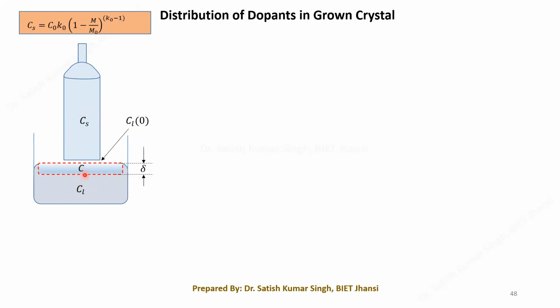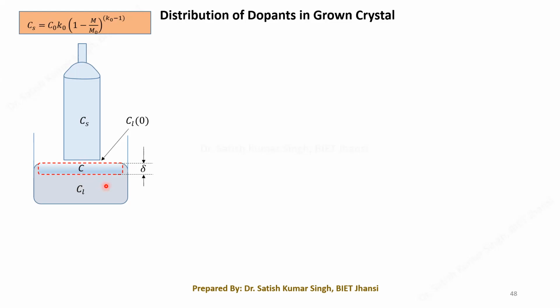Again, I can define one more variable, which is the concentration of the dopant inside the stagnant layer. I will represent it by C, or you can write it as Cx. So this is the concentration of the dopant within the stagnant layer. It has a maximum value, then progressively decreases, and then reaches Cl. This way, our dopant concentration within the melt will change.